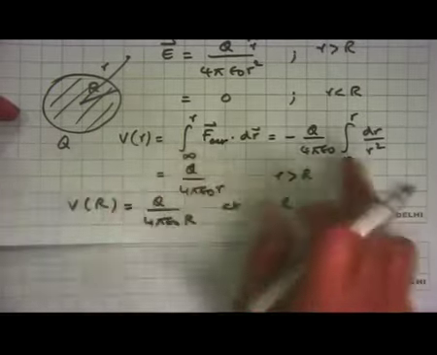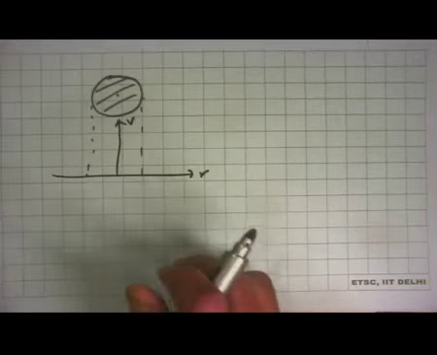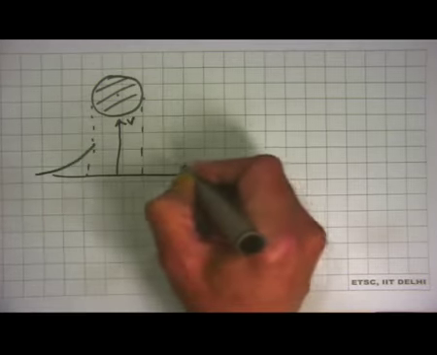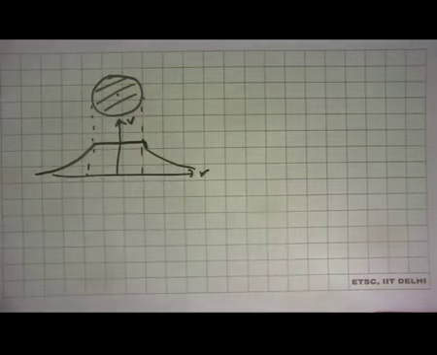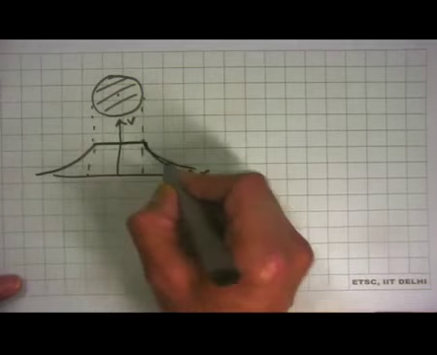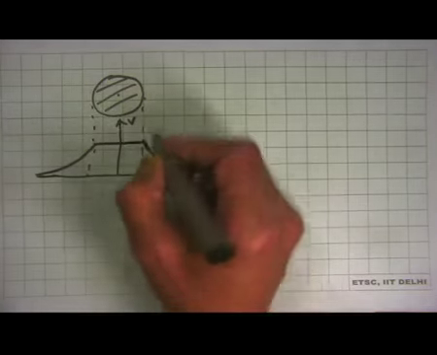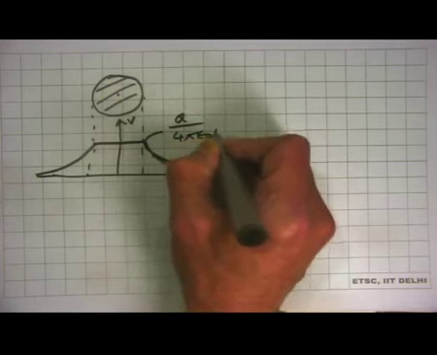So, as I come closer to the sphere, small r decreases, and so the potential increases as 1 by r. Then inside the conductor there is no change in potential. So, as I move away from the sphere, the potential drops as 1 by r, and inside the conductor the potential remains constant. So, this is actually q by 4 pi epsilon 0 R.